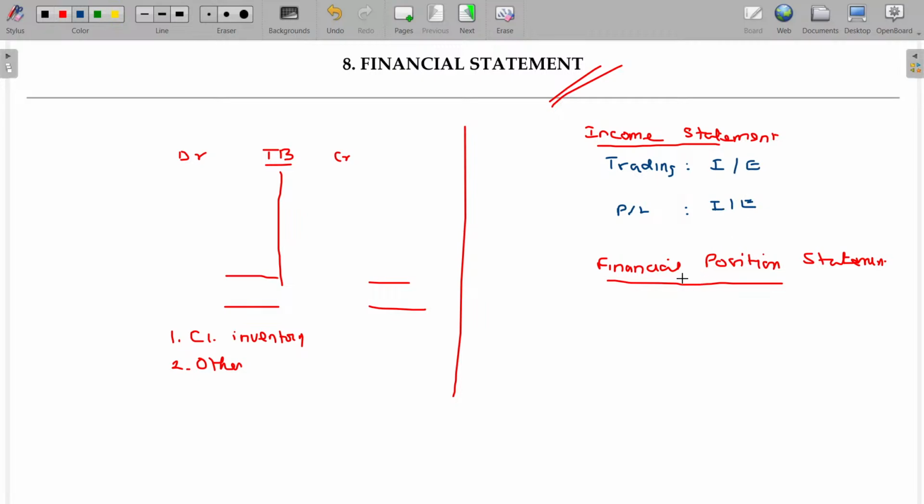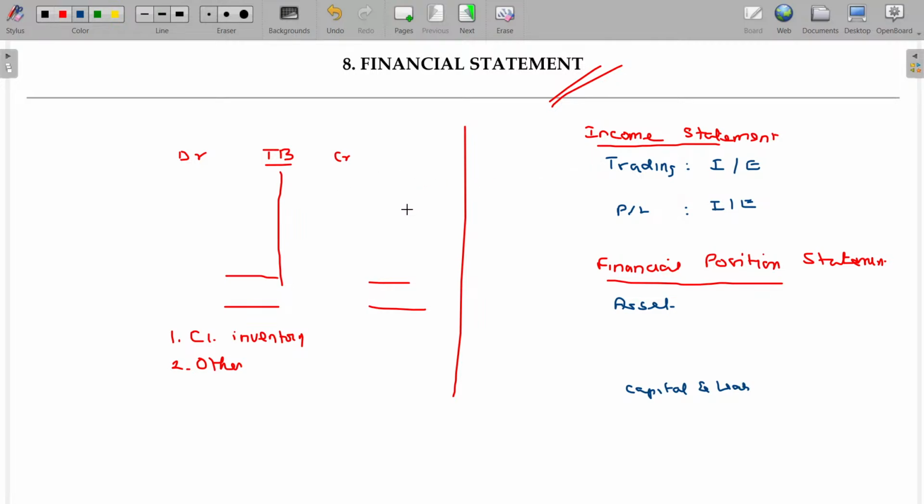In the financial position statement we have predominantly two parts. One is assets, another one is capital and liabilities. You have to identify from the trial balance where each item will go.